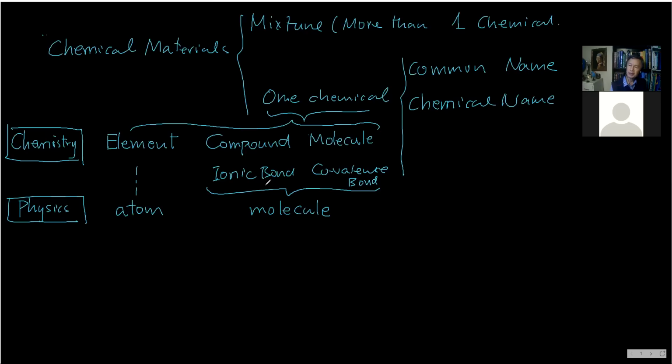Historically, people knew that when atoms form molecules, they can form chemical bonds, either ionic bonds or sometimes covalent bonds. So traditionally, people say those chemicals made purely by ionic bond should be called compounds, and those made by covalent bond should be called molecules.